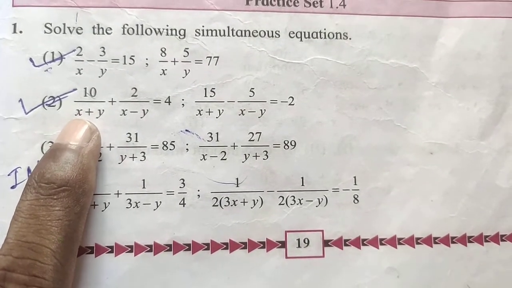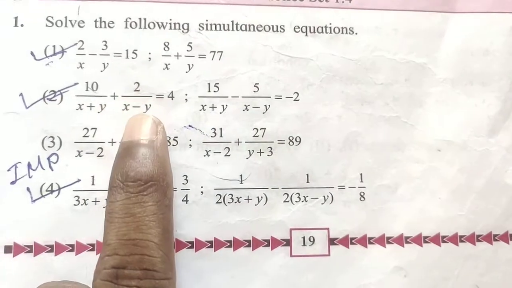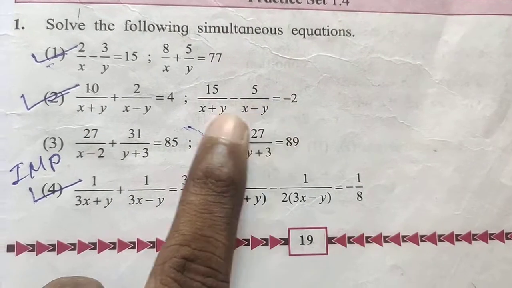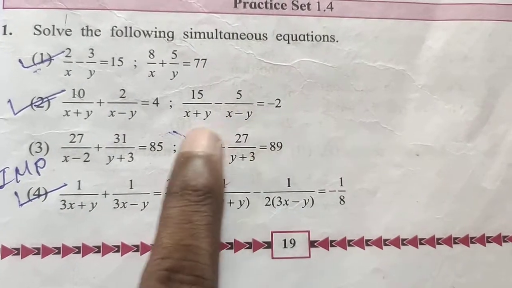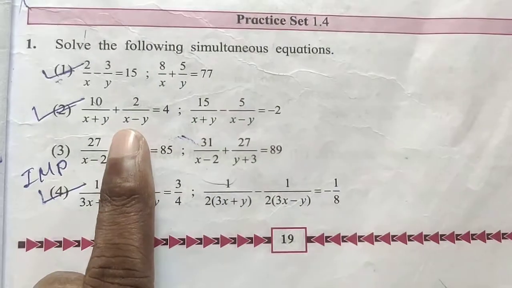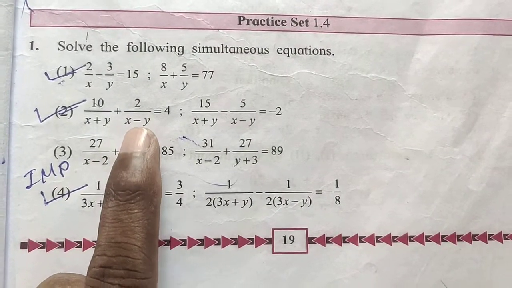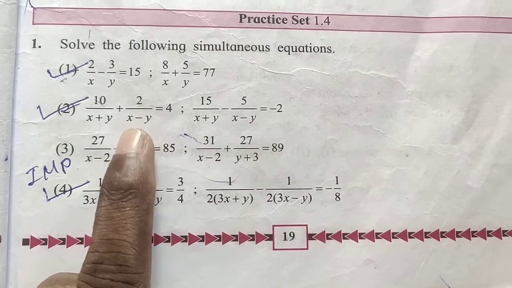Now see, in the second one you can see the denominators of the first term and second term are different. The first term is x plus y and the second term's denominator is x minus y. So in this case we will replace 1 by x plus y with m and 1 by x minus y with n.